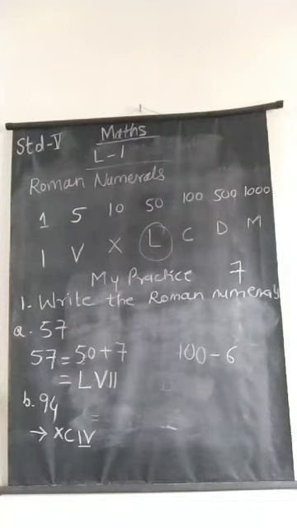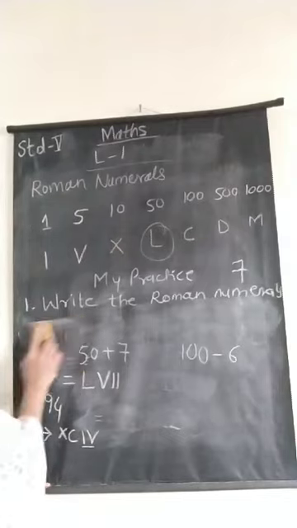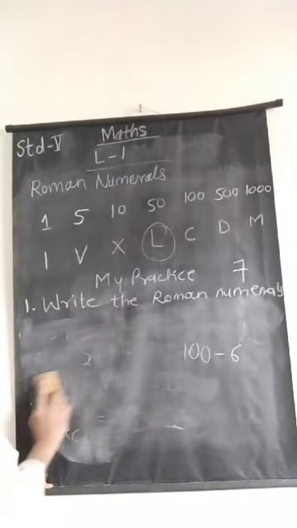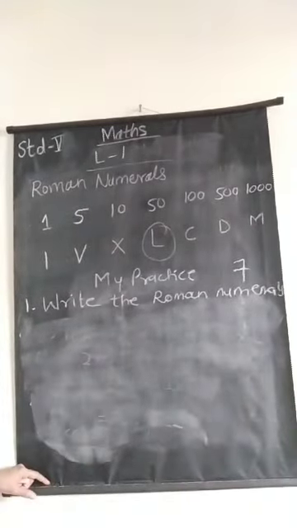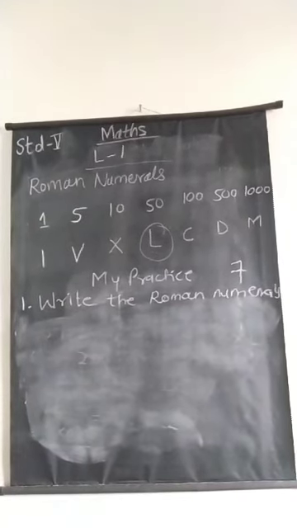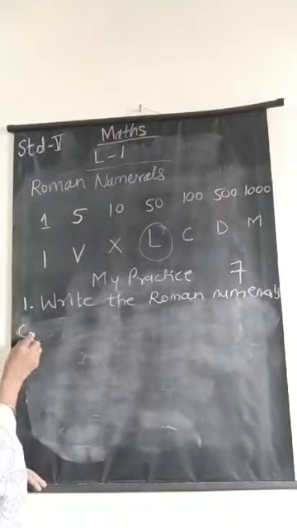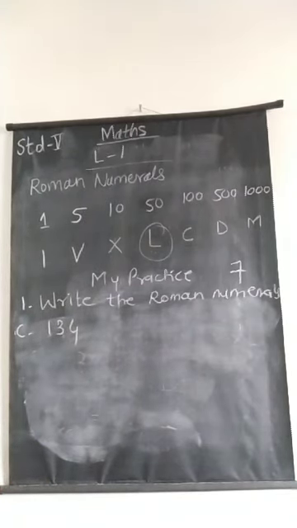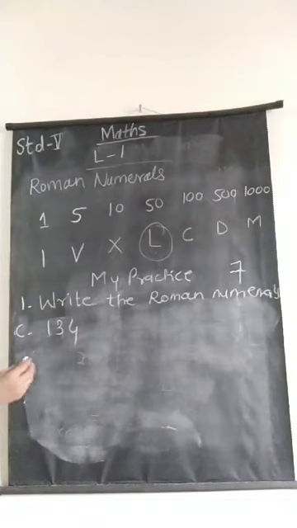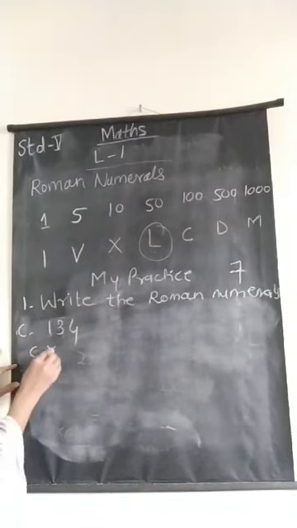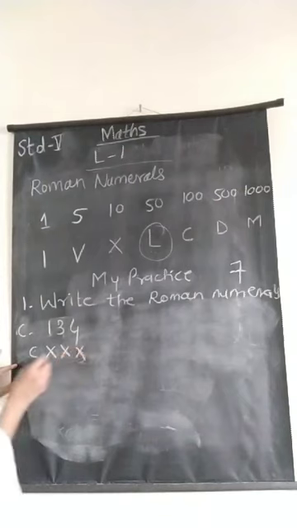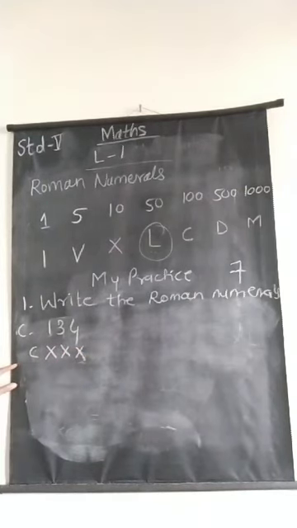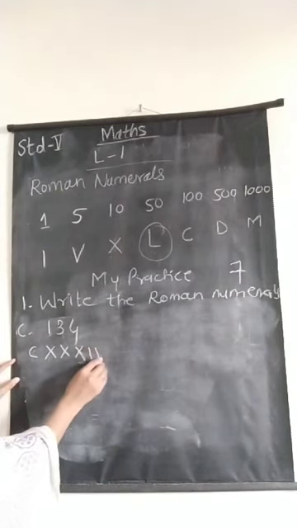Now let's take one more example. The next is 134. See, 134 can be written as CXXX and IV. 100 plus 30 and then 4.